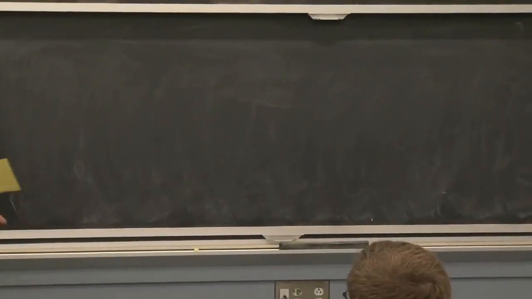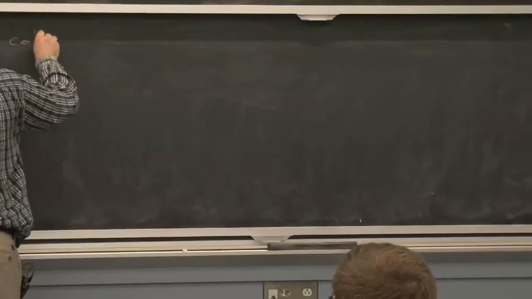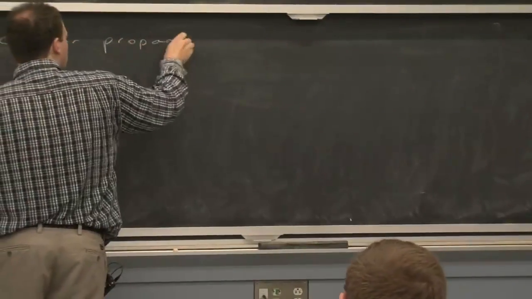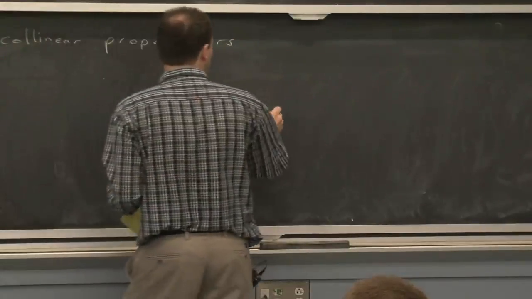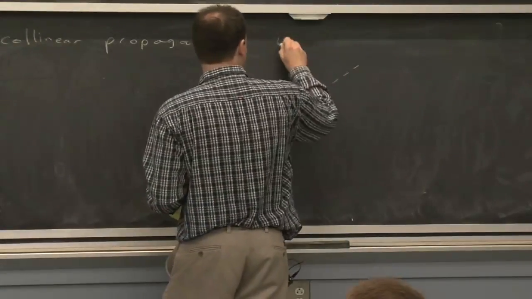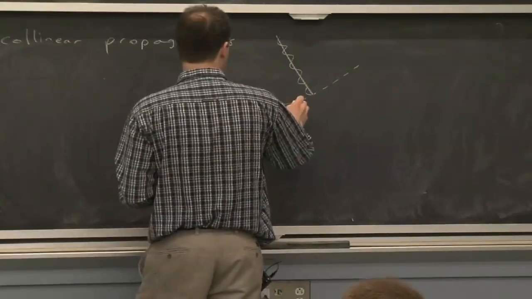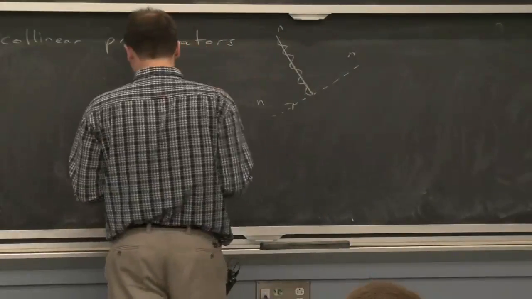Okay, let's see if this Lagrangian does what we want. Let's look at propagators. If we have a collinear propagator with a collinear gluon, say, coming in, let's look at this diagram. These are fields in the n direction.